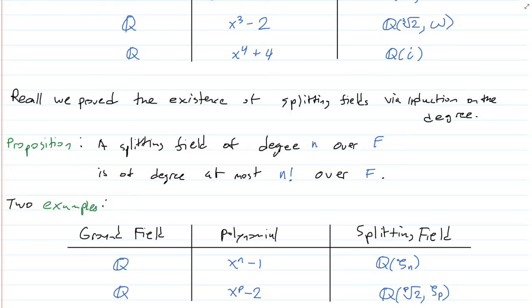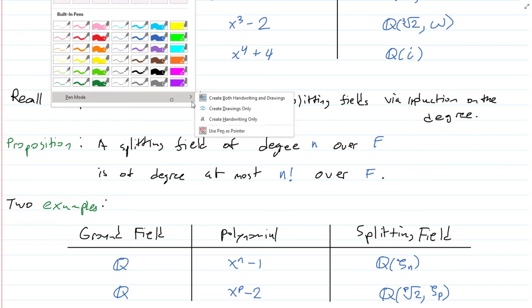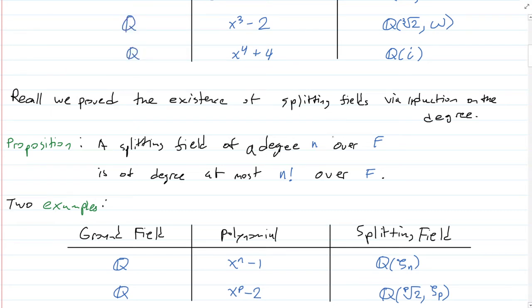So the proposition should read a splitting field of a degree n polynomial over F. Okay, thank you for catching that.